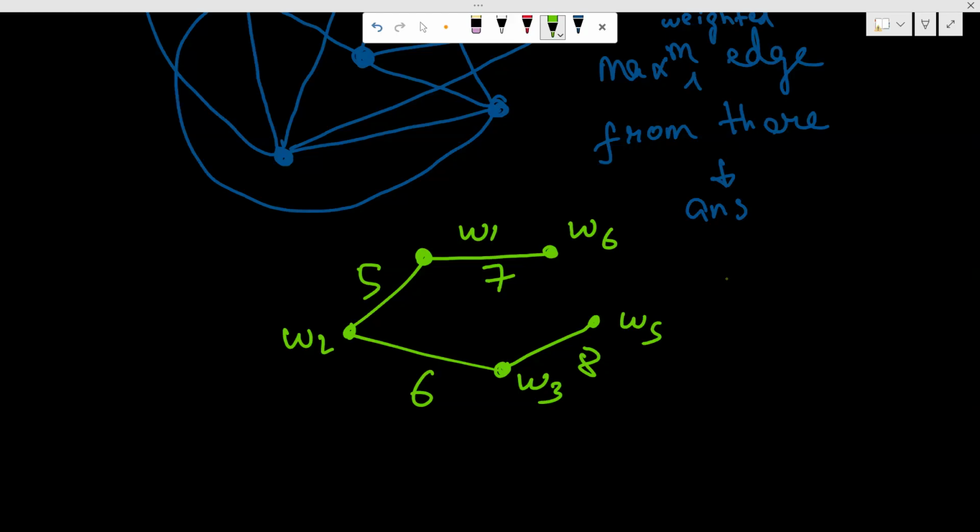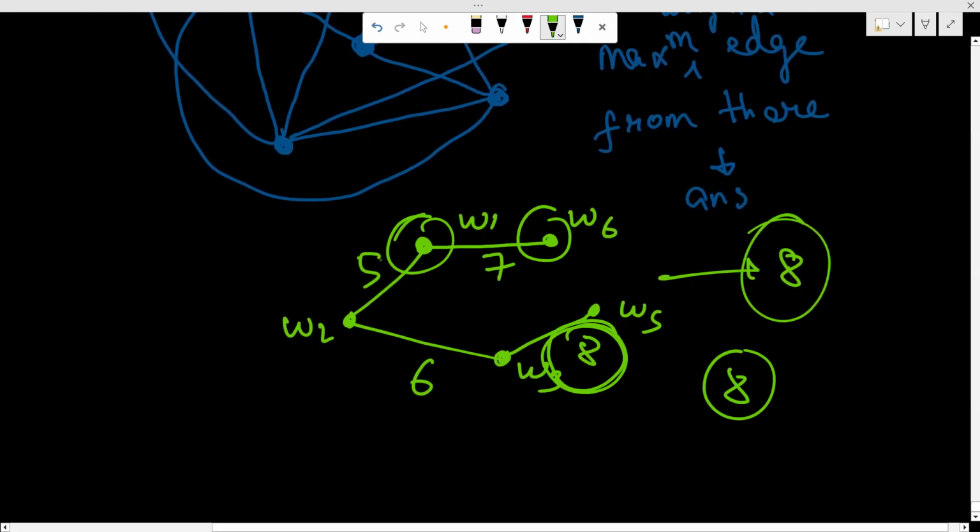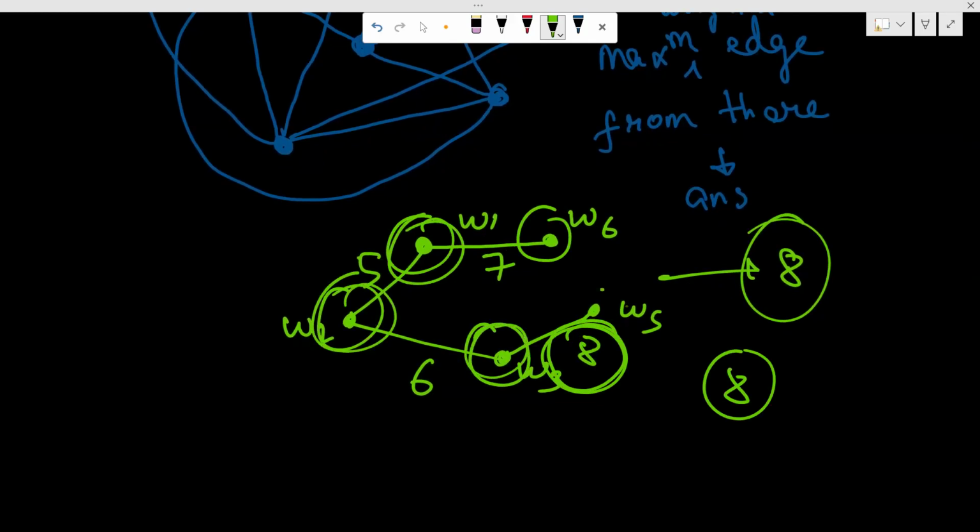Then do you guys agree that my answer will be 8? Because this is the maximum time that I require to connect any two wells. If I am spending 8 seconds, then these two wells will also be connected, these two wells will also be connected, and every other well will be connected to every other well.